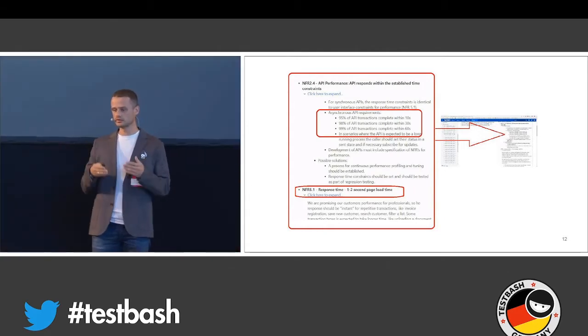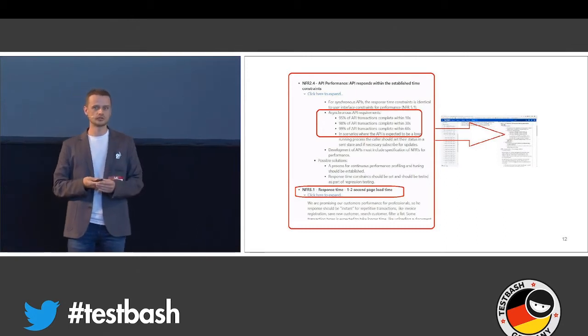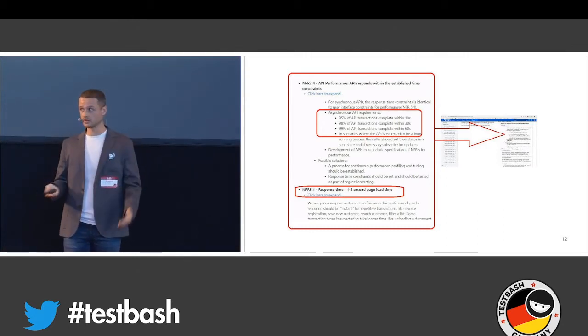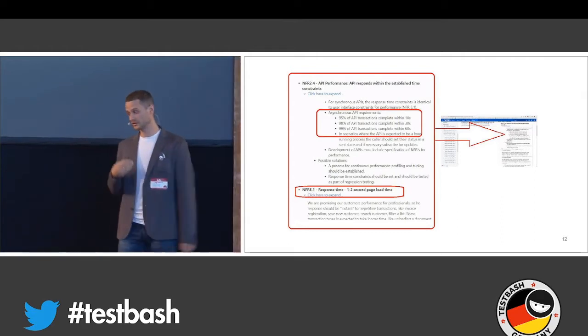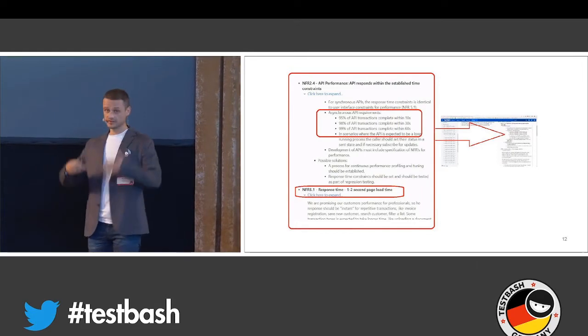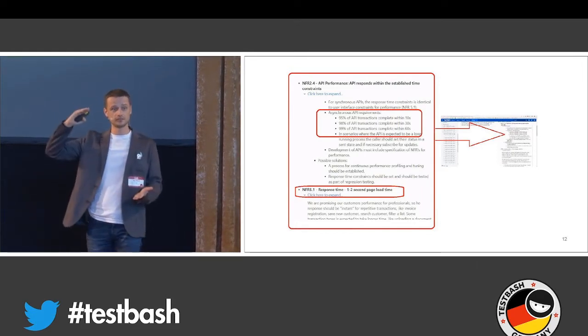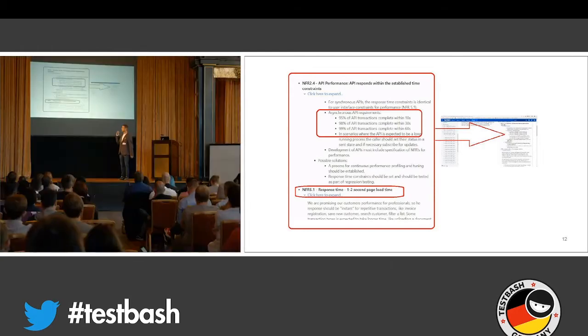In order to switch to cloud, each application should complete a survey and some assessment. And there is a performance characteristic that any application should meet, and it's defined on a company level.